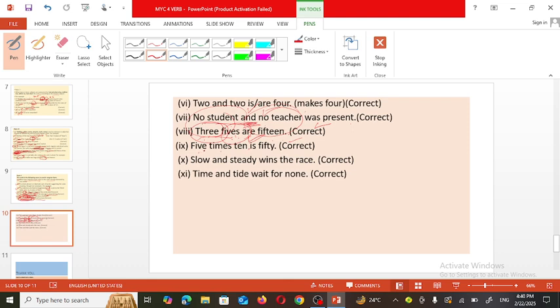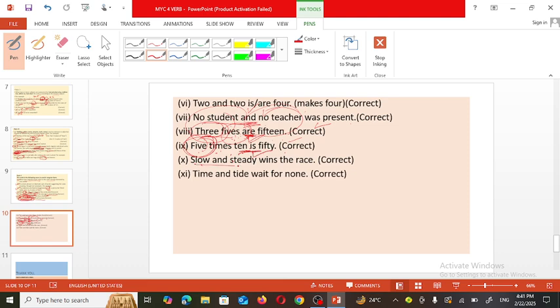Now, five times ten. Here in sentence C, if you observe, three fives means three fives, like that it was written, and that's why are is used. Now five times ten. Here five times we have taken tens, so we have to consider the immediate subject, and that's why it should be followed by is.